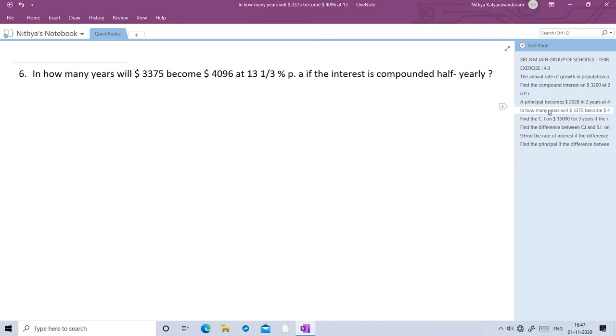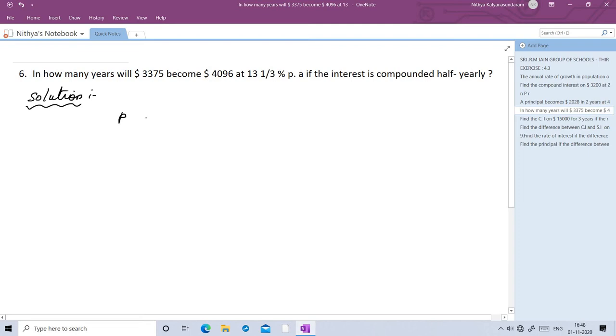Next question. In how many years will rupees 3375 become 4096 at 13 1/3% per annum if the interest is compounded half yearly? So we want to find out here the time.